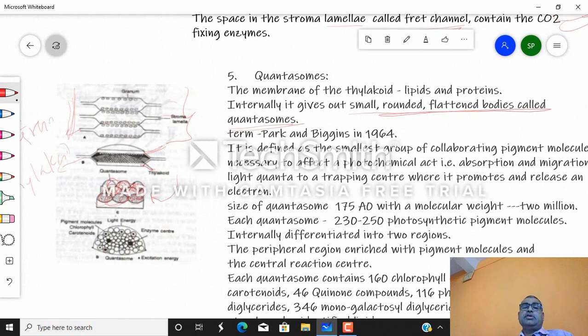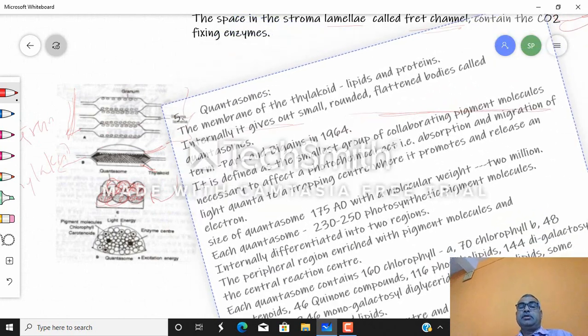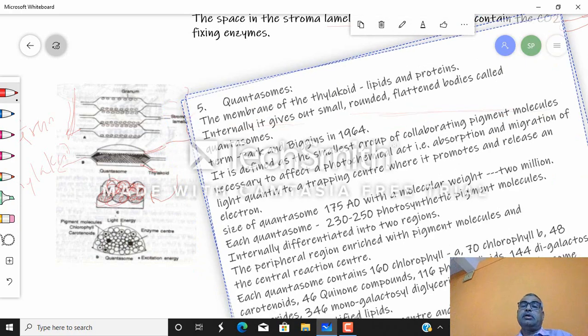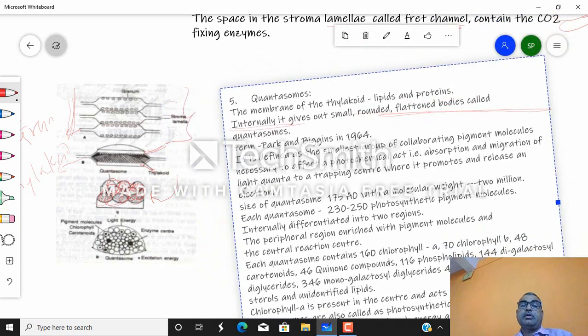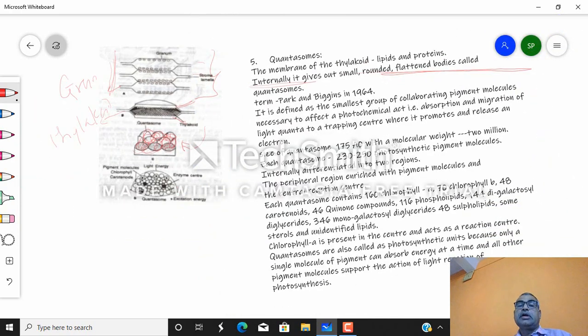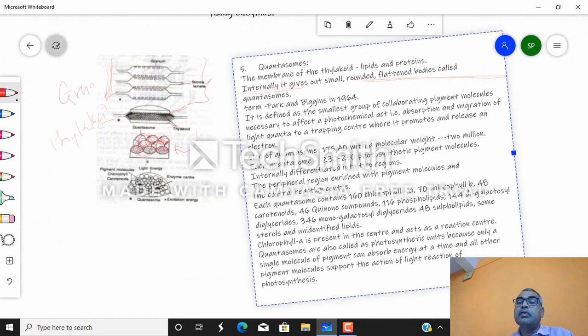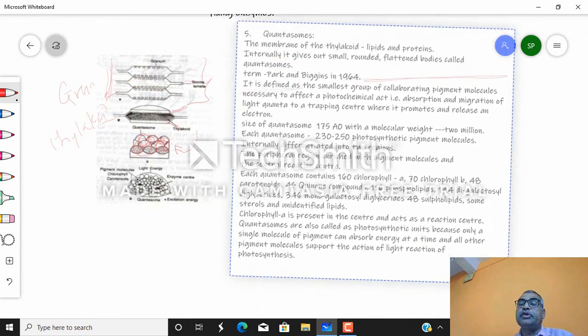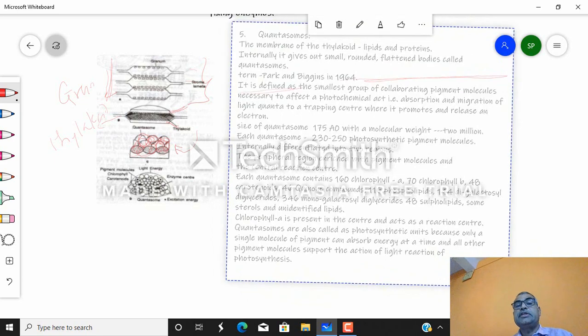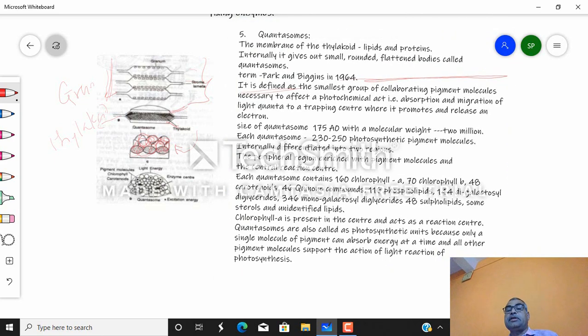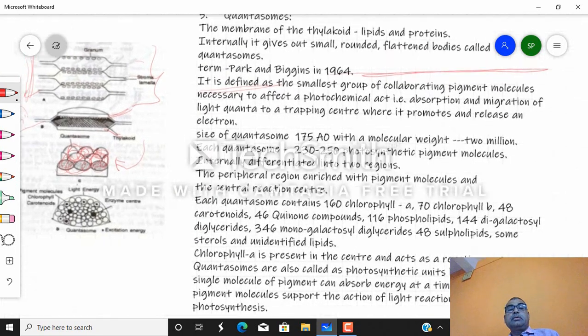The term quantasome was coined by Park and Biggins in 1964. It is defined as the smallest group of collaborating pigment molecules necessary to affect a photochemical act. What are the collaborating pigments?